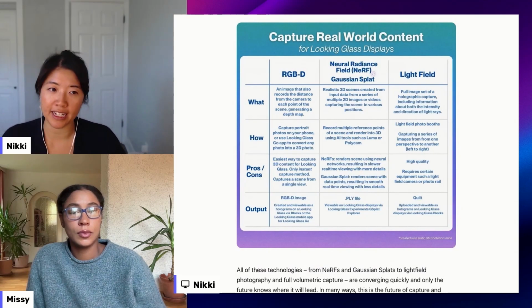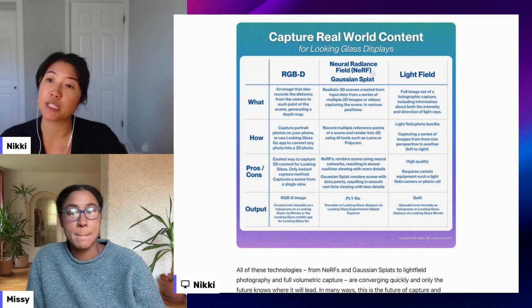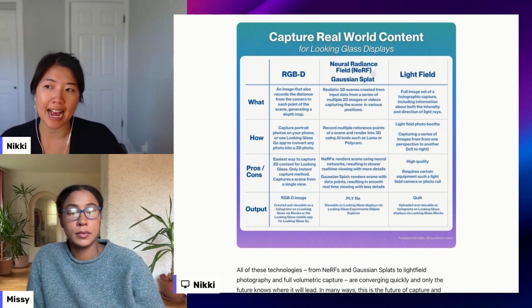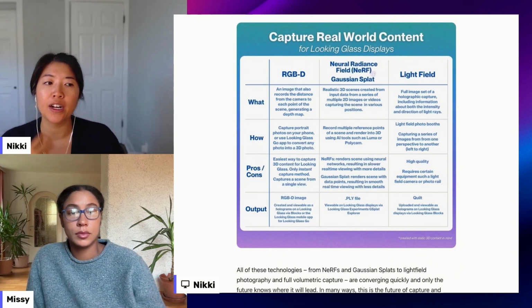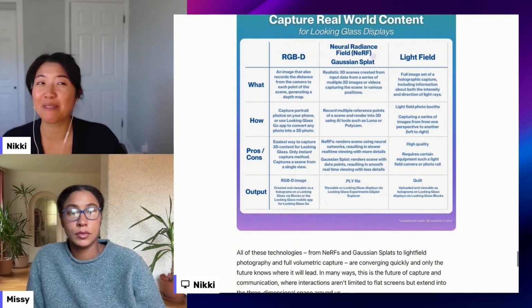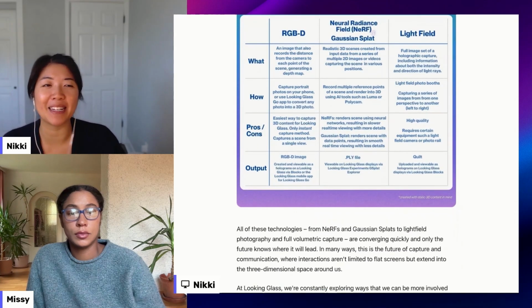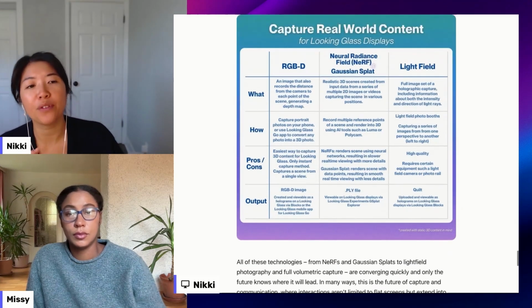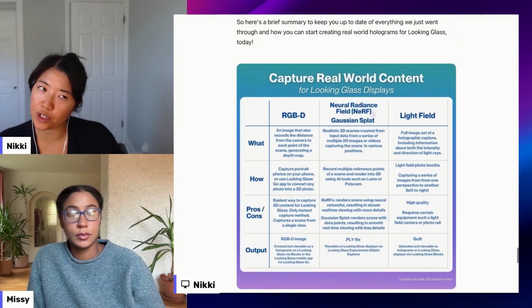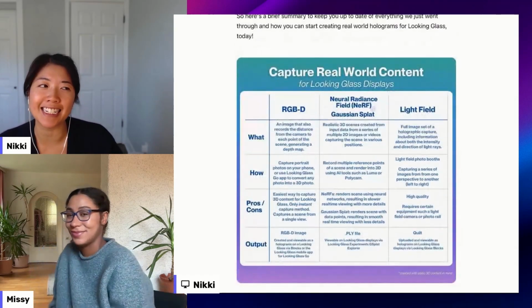And just to note, this episode and this blog post really just cover static still photos. We will cover moving video capture in a later post, but we thought this is a pretty long, meaty, heavy topic that we wanted to first focus on this single static image episode. So without further ado, let's focus on the first column, RGBD.